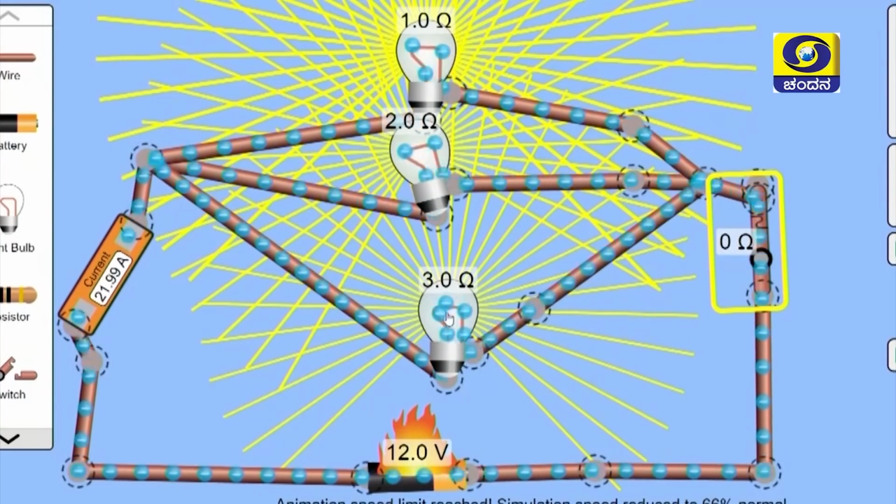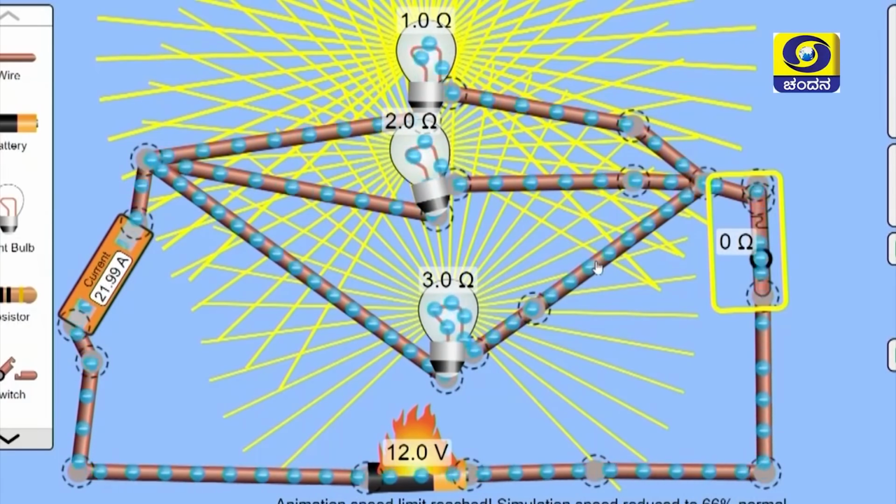So children, this is the first thing that we have noted here. The other thing that we need to verify is the potential difference at the ends of each resistor. So how do we measure the potential difference? Yes, children, you are right. By using a voltmeter, we will measure the potential difference across the 1 ohm resistor, the 2 ohm resistor, as well as the 3 ohm resistor.